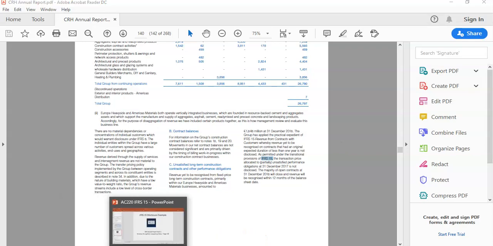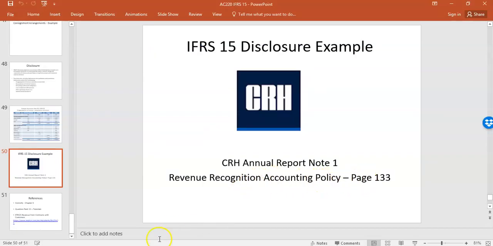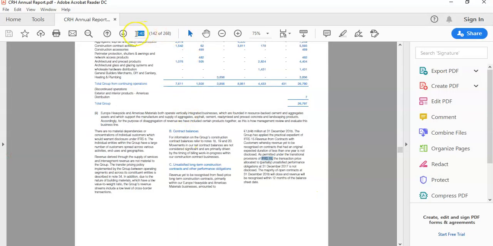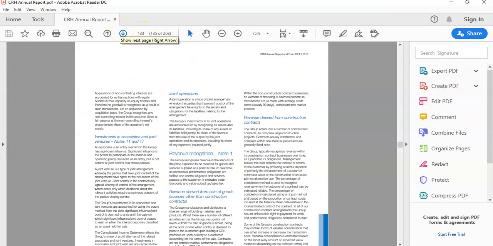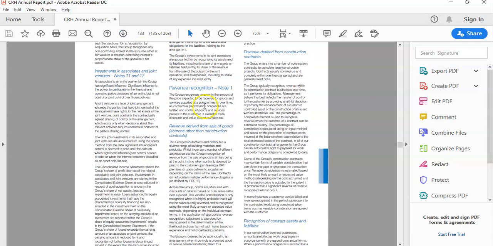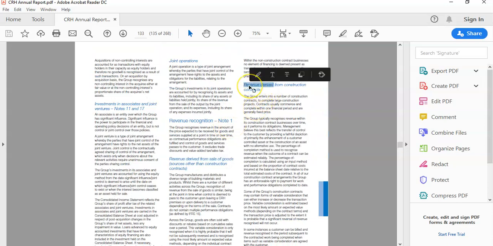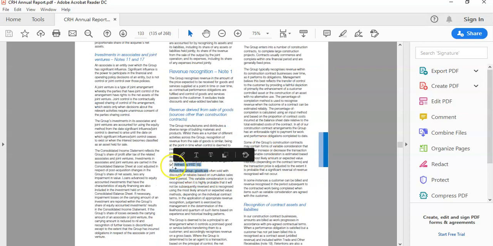The other one that might be useful as well is to look at their accounting policy on page 133, which we covered in IAS 8. They tell you about revenue recognition, how they recognize revenue from the sale of goods, and how they recognize revenue from construction contracts, which again is beyond the scope here, but it's all to do with IFRS 15. So it's no harm to have a read of it to see the stuff we're covering in the notes, the stuff you're doing in exam questions, that's readily applicable to real world companies.